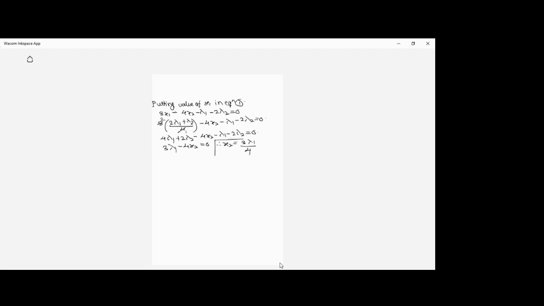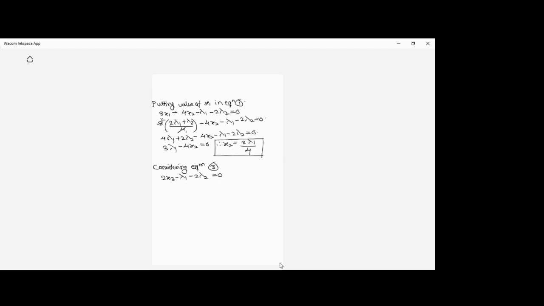So what I have done is I have found out the value of x1 and x2 in terms of lambda 1 and lambda 2, right? So now considering equation 3, I will also have to find out the value of x3. Equation 3 is 2x3 minus lambda 1 minus 2 lambda 2 is equal to 0.